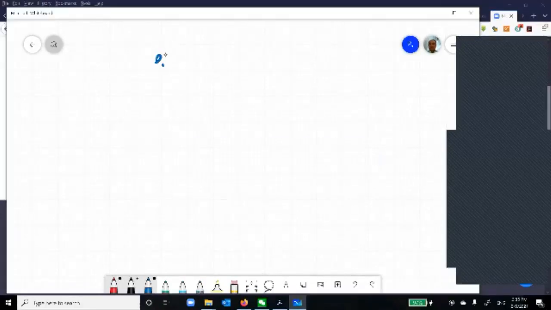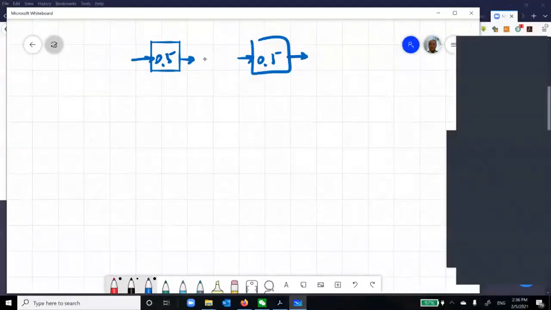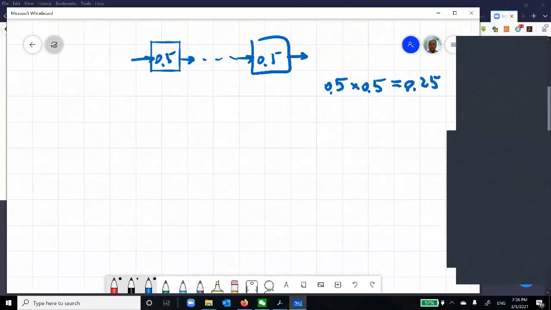So first of all, let me tell you that with 0.5, you have input, output, input, output. So you put this together. Ideally, it is 0.25. Ideally, right? But in our case, it's not true.